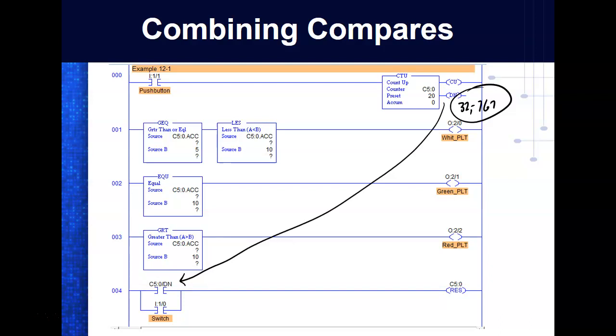So we'd never see 20. Okay, so what's going to happen? I'll start my counter counting. So what's going to happen? If I got 1, what's going to happen?